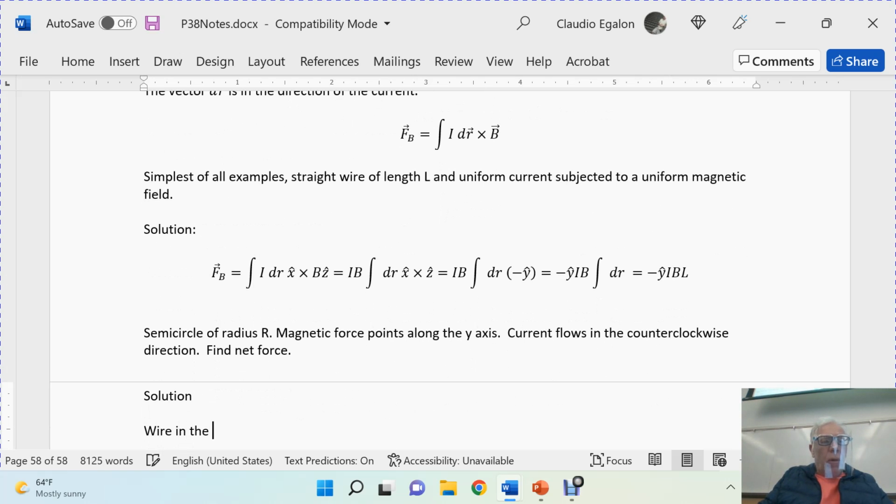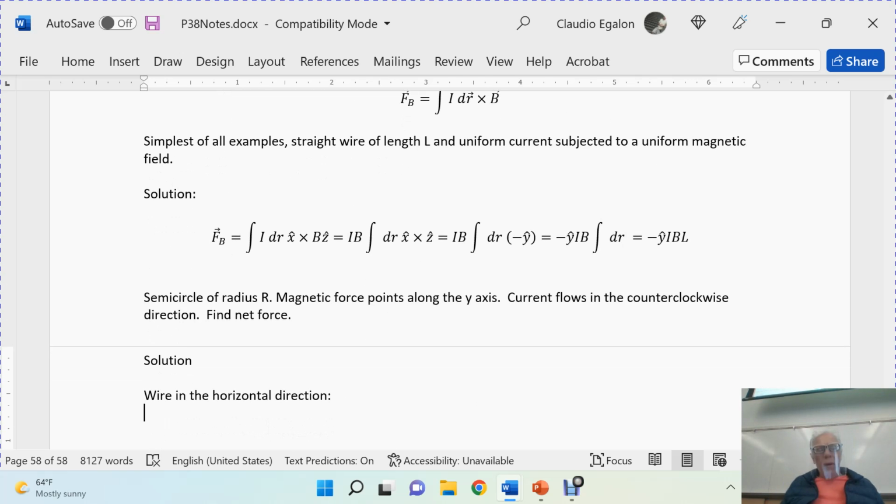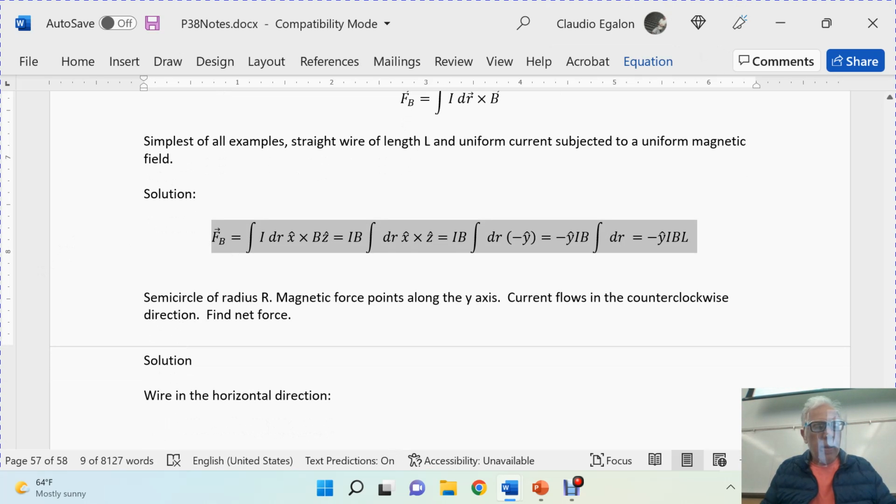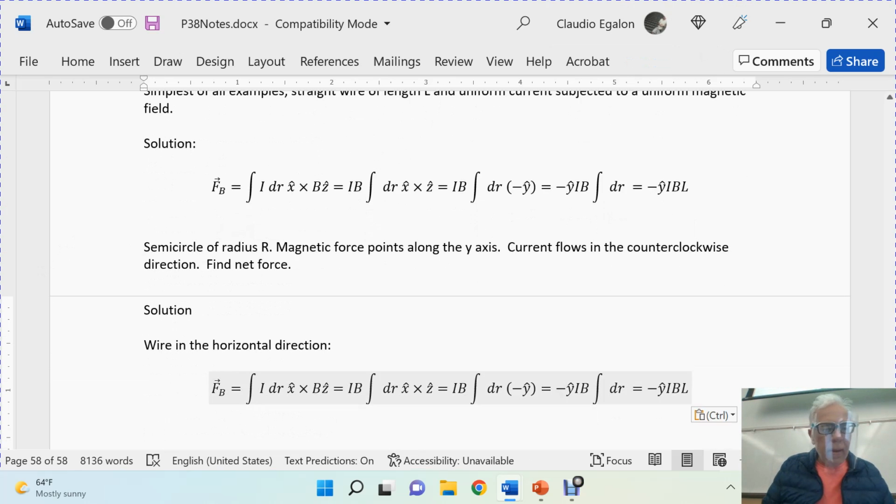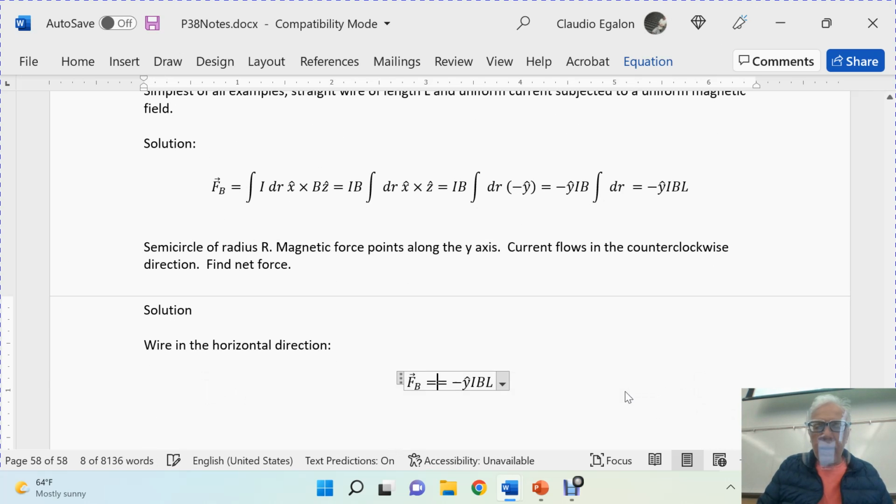The force in the wire in the horizontal direction is going to be IB times 2R, and that's not going to be y, it's going to be z.